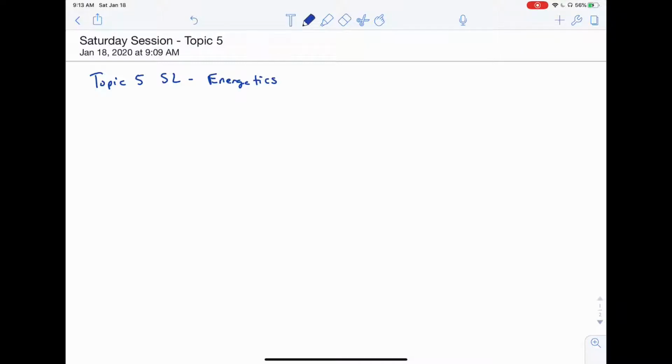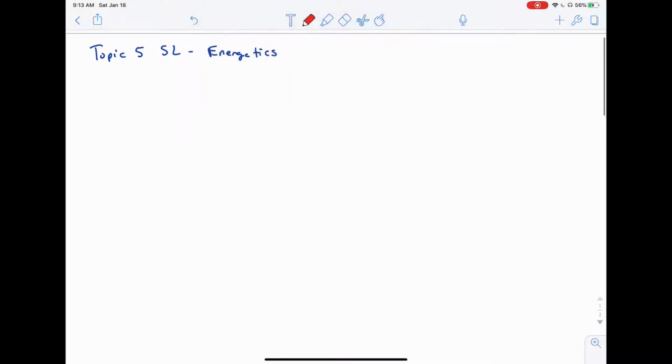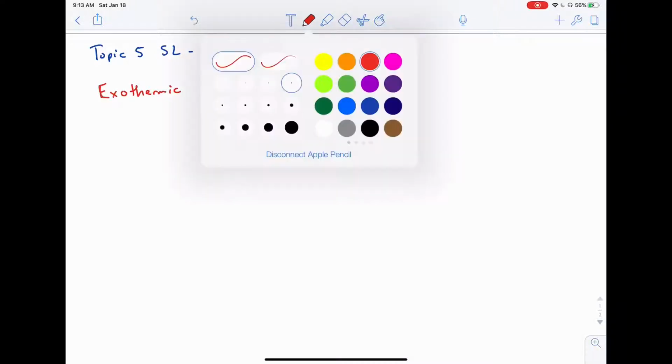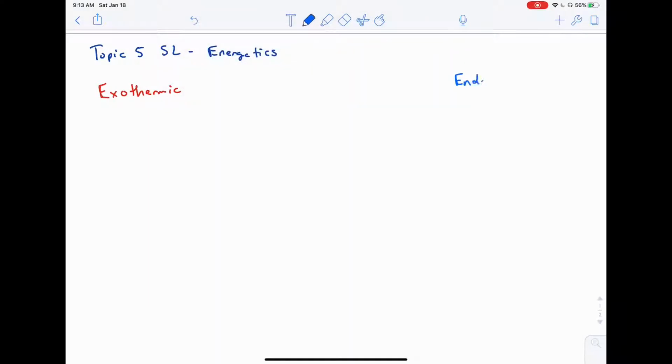What I like to do here, and since you've seen it already, this is a little bit of a revision, but we need to establish the main contrast between the two following concepts, which is exothermic versus an endothermic process.